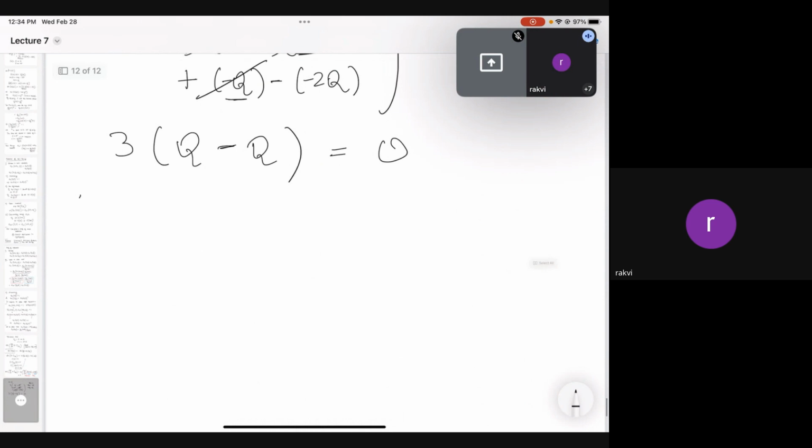So this product over i from 0 to n minus 1 of f of tau i q is constant. Let me just say it's some constant. It doesn't matter. All we care about is that it's constant. Or in other words, it doesn't depend on x.